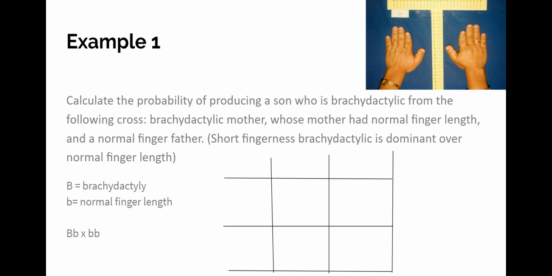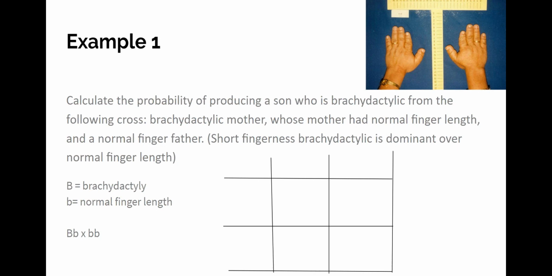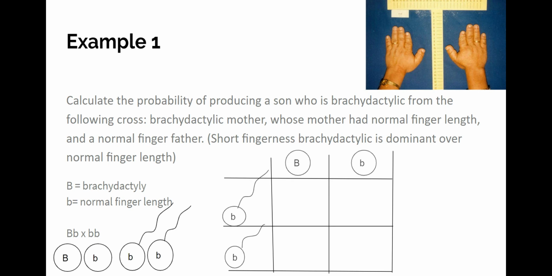So we know she is heterozygous. That is who this big B, little b individual is, the mother. And we have a normal length finger father, which means he has to have both recessive genes. So we are going to cross them, fill out their gametes, and put their gametes into our Punnett square. We're now going to do our cross. We have the following.